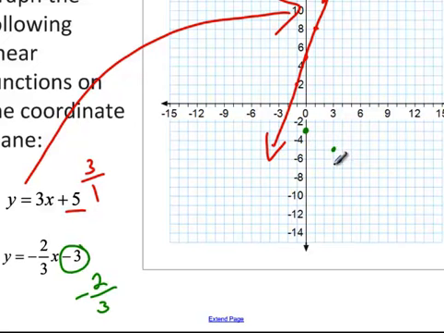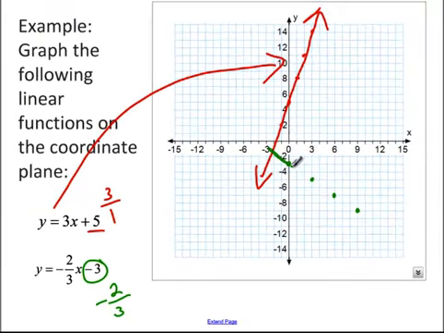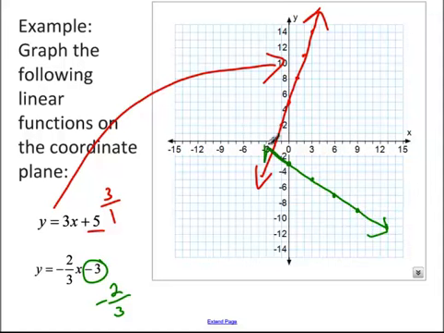From there I can go down 2 over 3, and I get a point there. From there I can go down 2 over 3, and I get a point there. I can do that as many times as I need to, so I can graph these lines. All right, so this equation is graphed right there.